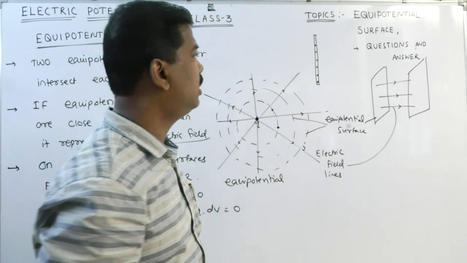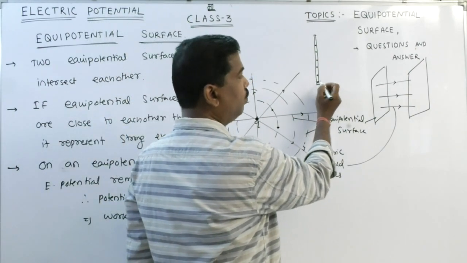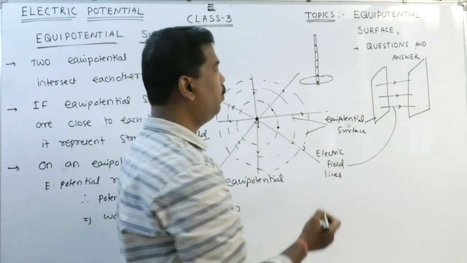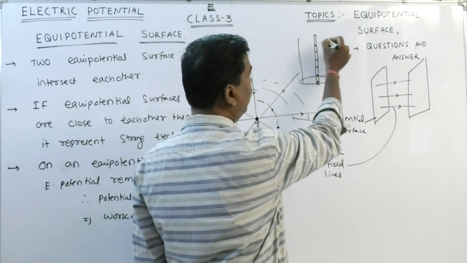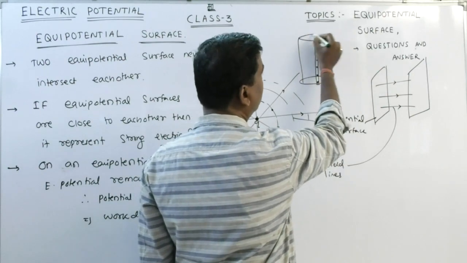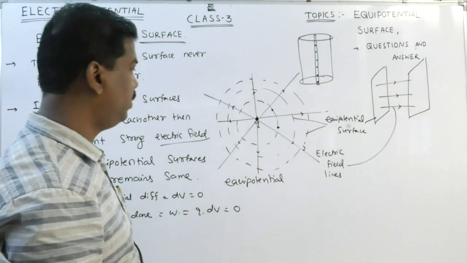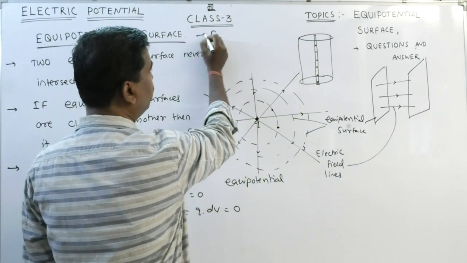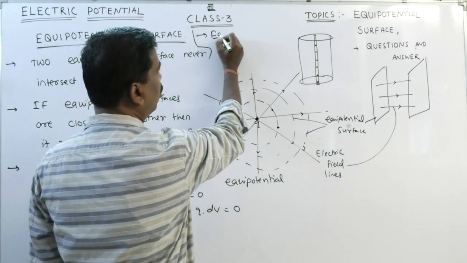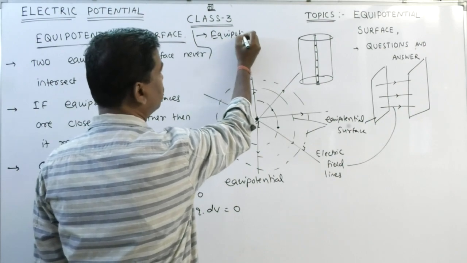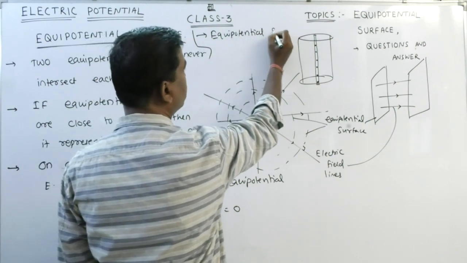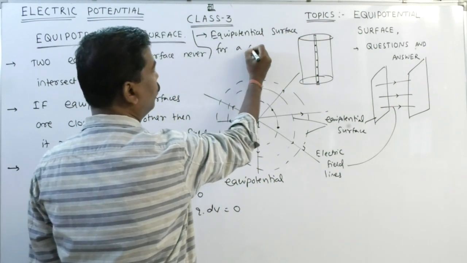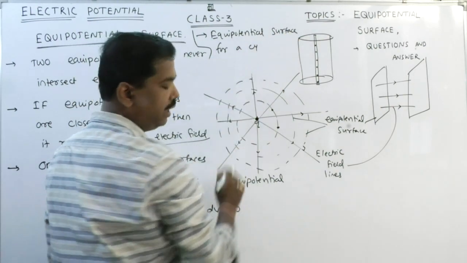Imagine just for a charge, the equipotential surface is spherical. If you press one over another, then it forms a cylinder. It means the equipotential surface for a linear charge distribution is cylindrical.